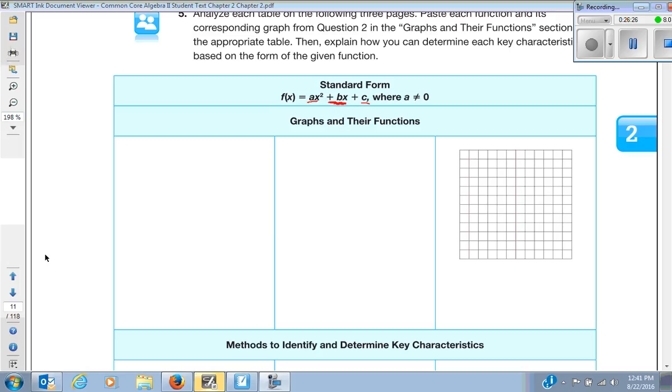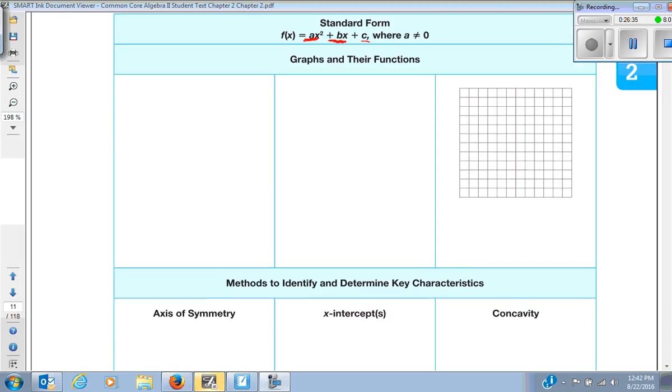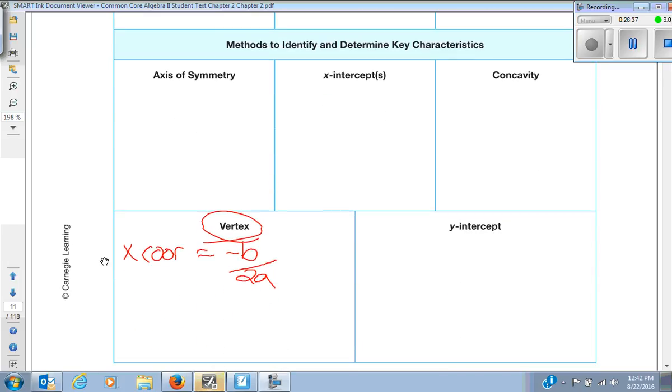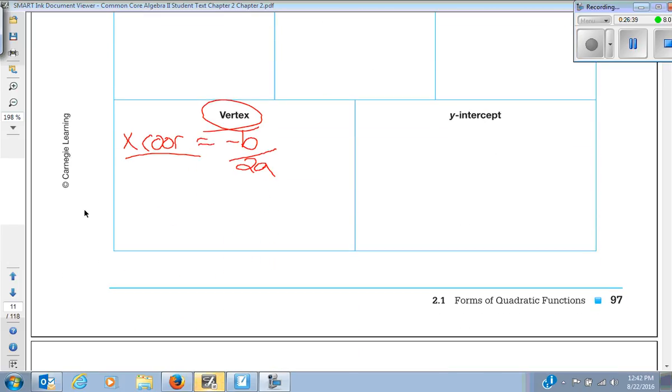Over 2a refers to 2 times that number there. Does everybody understand that? If you simplify that, meaning you divide it all out, that will give you the x-coordinate. That means of your vertex, you need an x and a y. This formula right here will give you the x part. Are you with me?